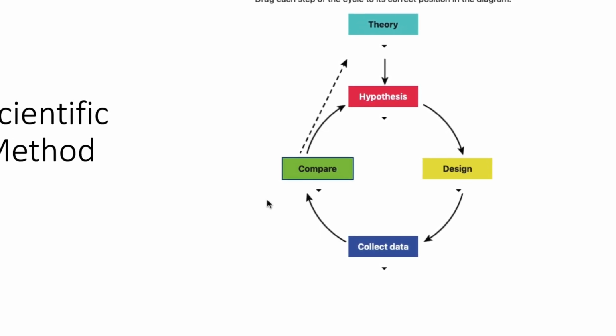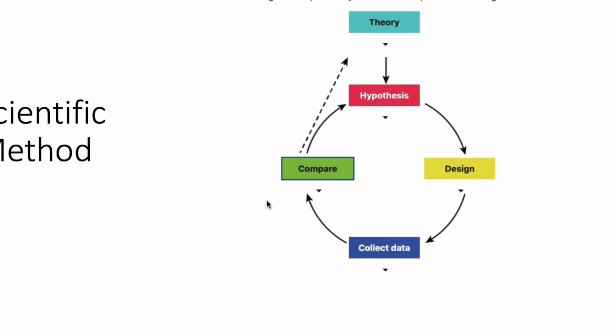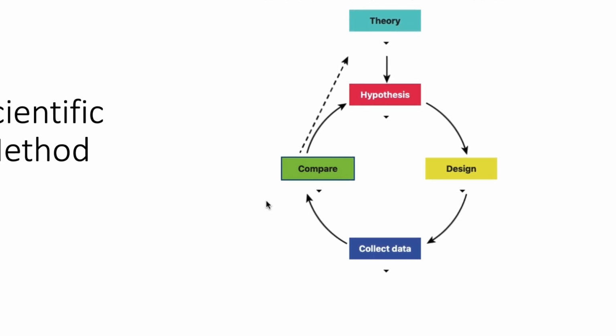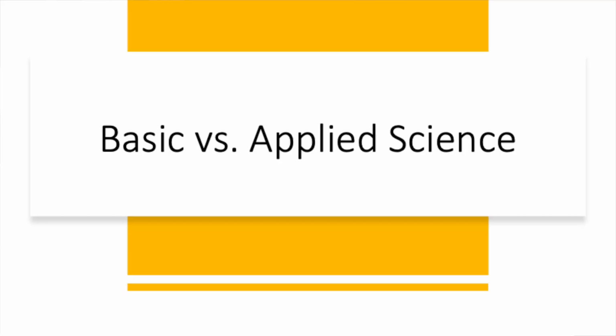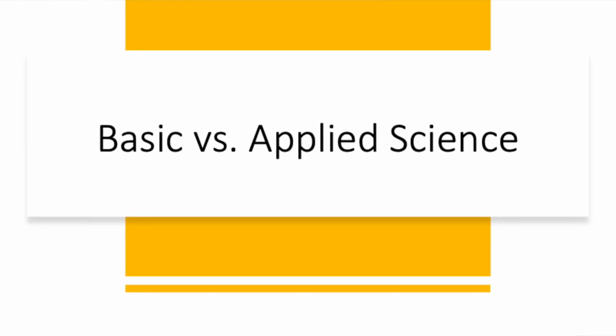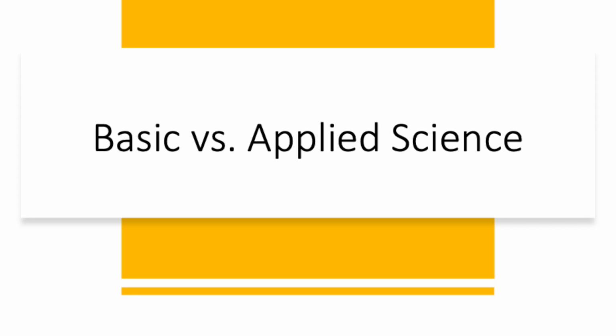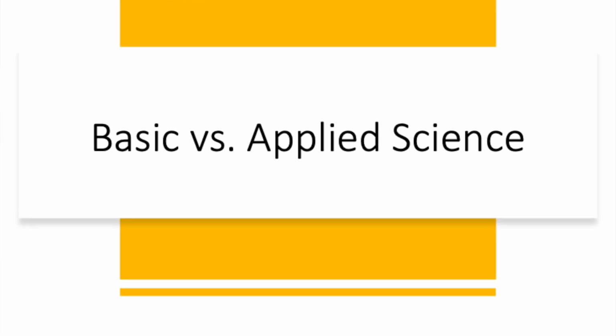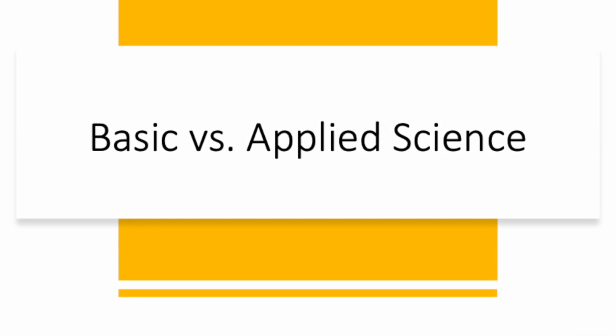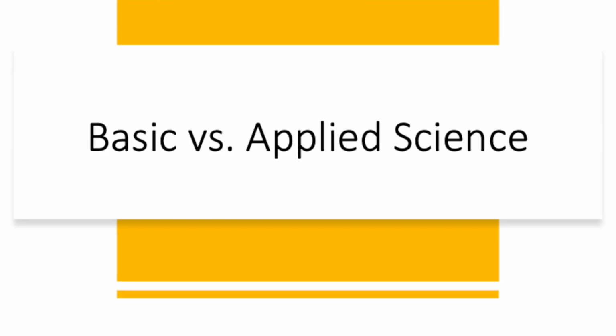Now, although all scientists in psychological science and child development follow the scientific method, there are two types of scientists: those that want to do basic research and those that want to do applied research. So basic research are people that do research for the sake of knowledge. An example of a basic researcher would be someone that wants to uncover the different factors that contribute to a child's self-esteem. They're basically doing basic research because they're just trying to find the different components that make up a child's self-esteem.